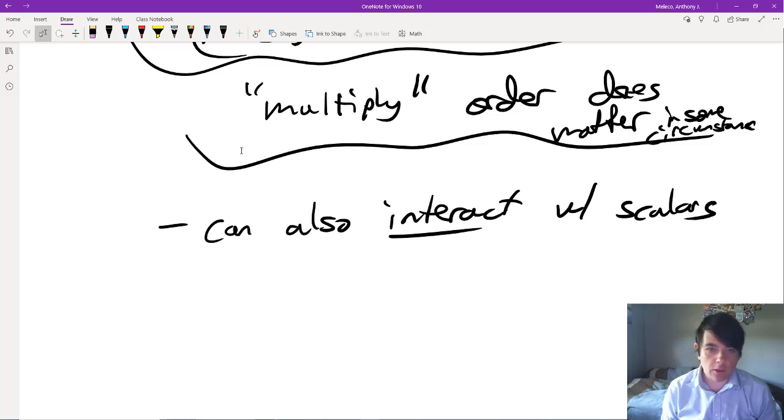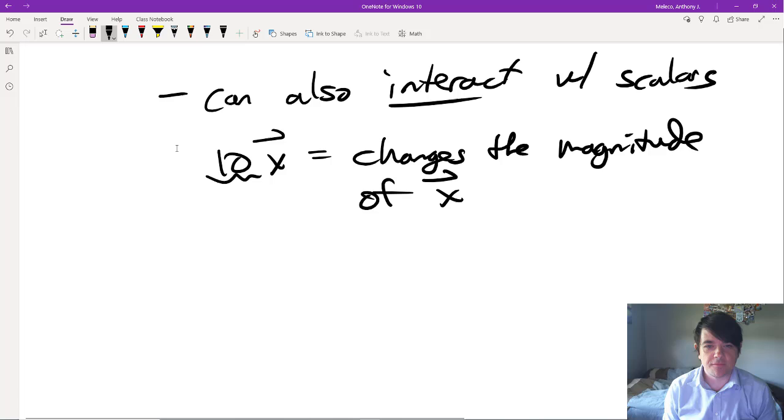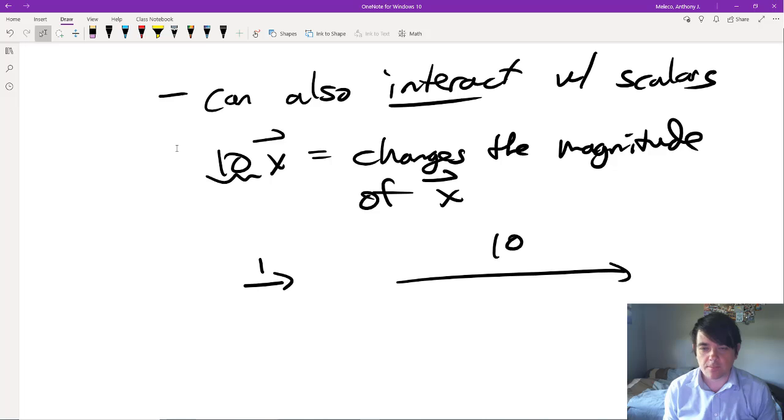So, for example, you can have a scalar right here times x, and this changes the magnitude of x. It increases it by 10. So if x was this long, times 10, it would look like that.